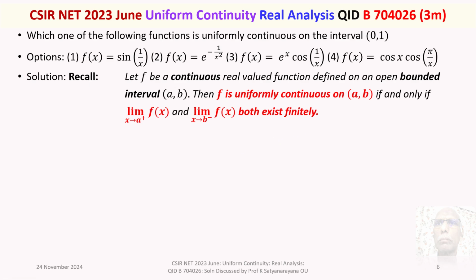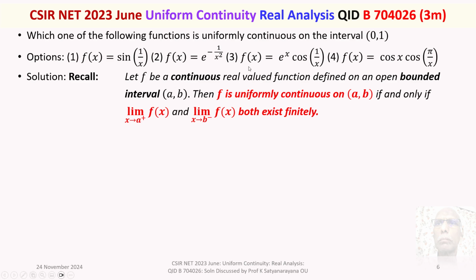Now look at the functions given in options 1, 2, 3 and 4. They are all continuous functions in the given interval (0, 1), which is an open and bounded interval.